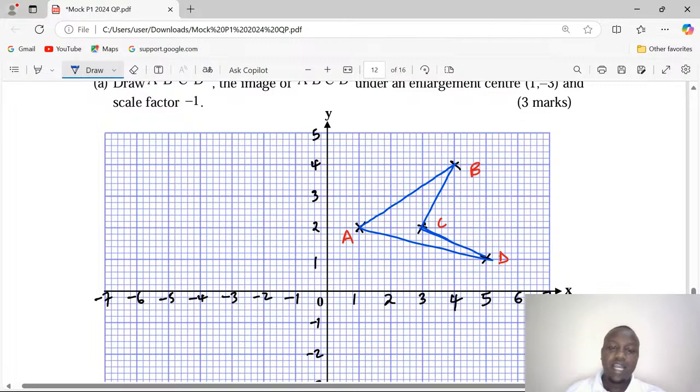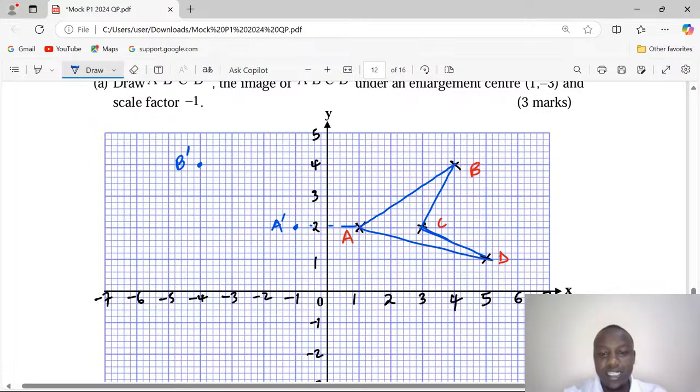So now we reflect along the y-axis. A will just go to the other side of the y-axis, and A will come here. So A prime is going to be there. We will also have B going to the other side at an equal measurement. So it will be here.